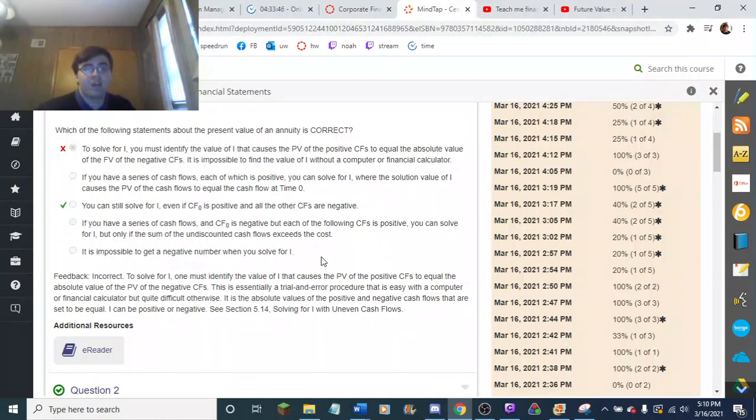This is a trial and error procedure that is easy with the computer or financial calculator, but quite difficult otherwise. It says it's easy to do with the financial calculator. What?